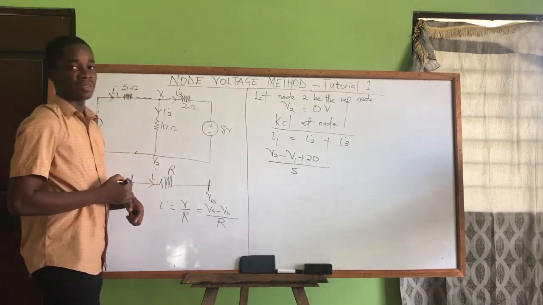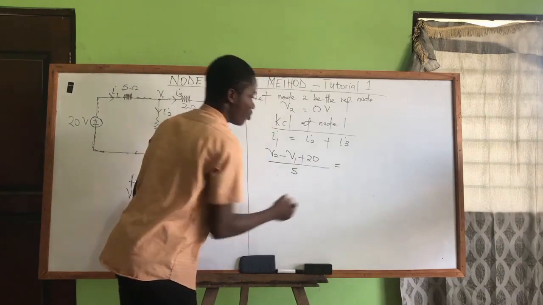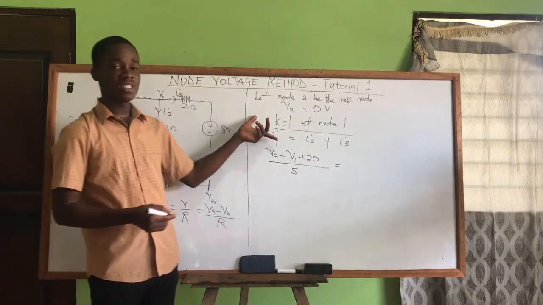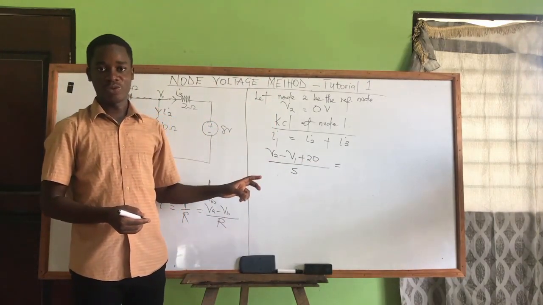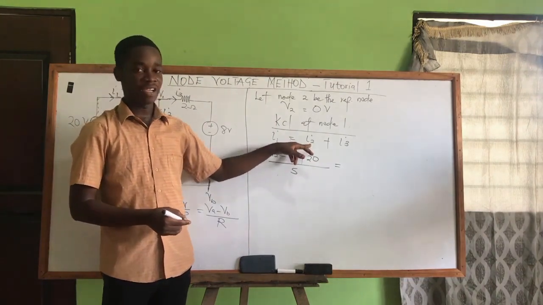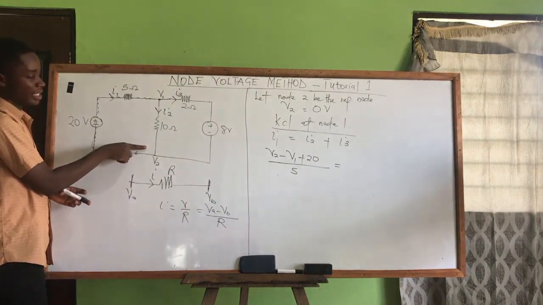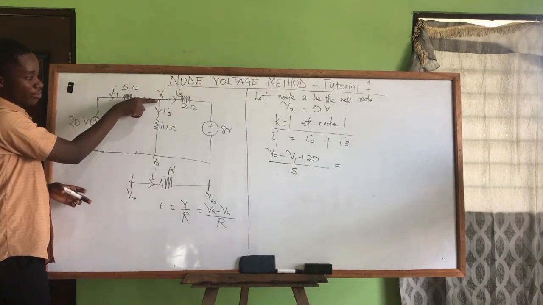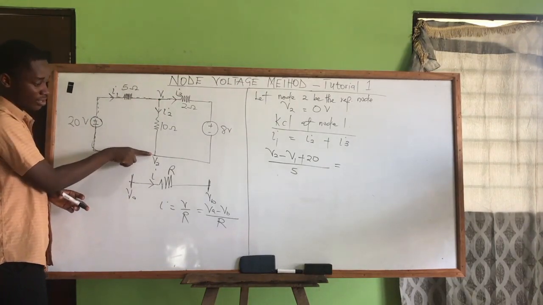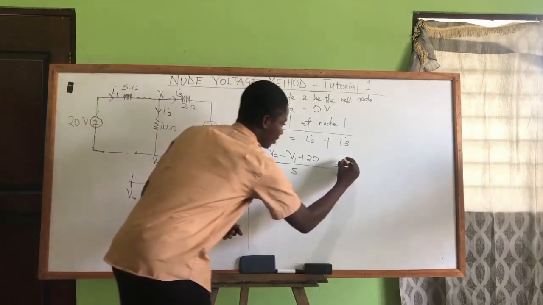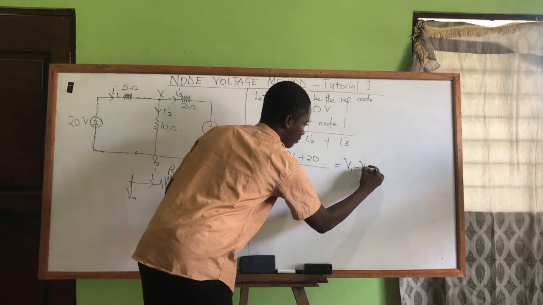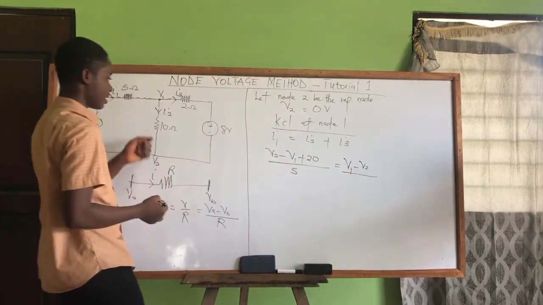So we are just expressing this equation in terms of the node voltages. Now let's check I2. I2 is here on this branch, starting from node V1 and going to node V2. So we have V1 minus V2 over resistor 10.